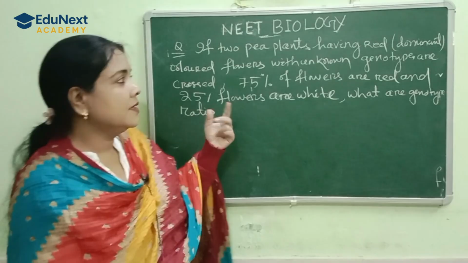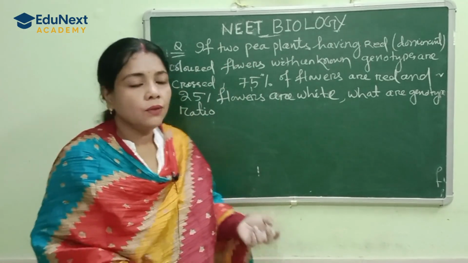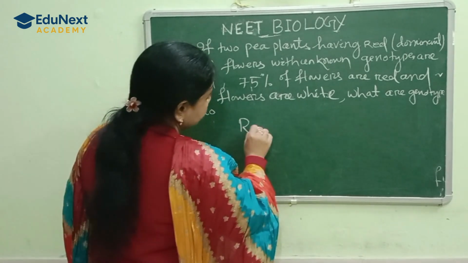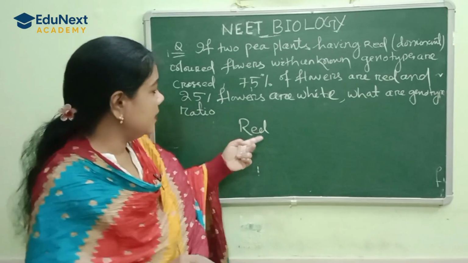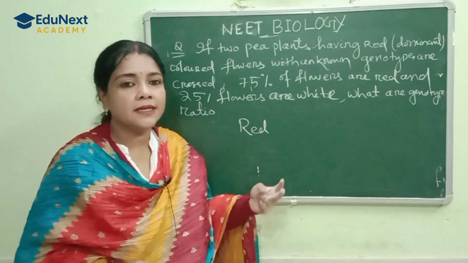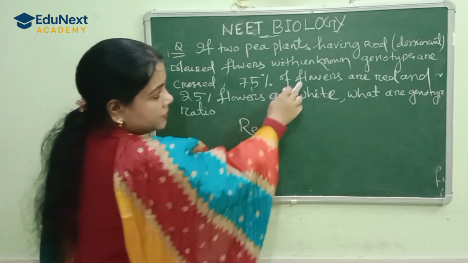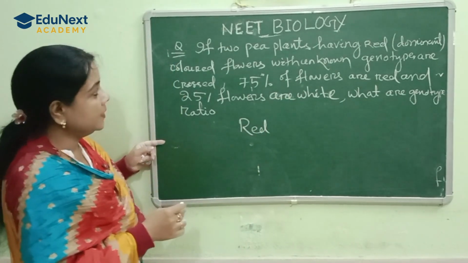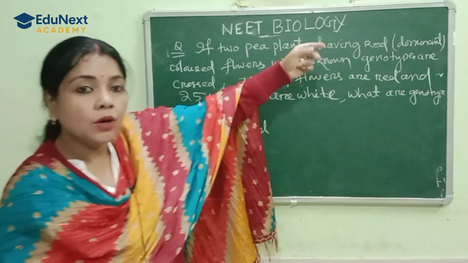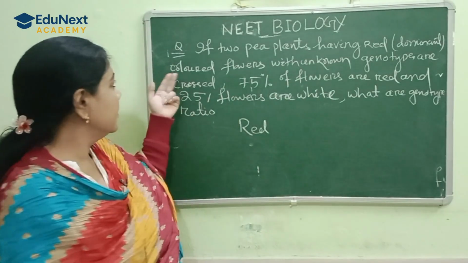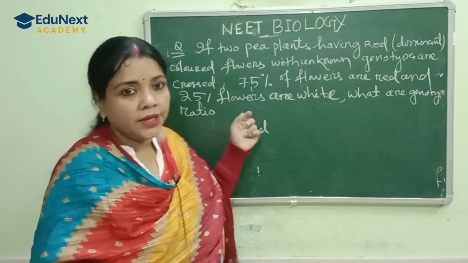This question says there are two pea plants. They are crossed. One has red flowers, another has white flowers. Okay, so here 75% of flowers are red. That means two pea plants having red, the dominant color, with unknown genotypes are crossed.